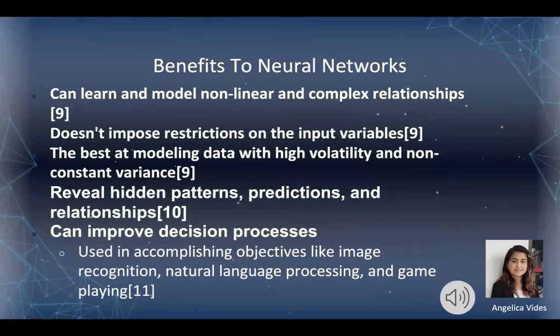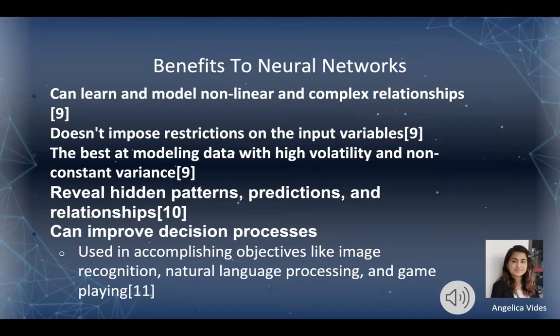It's also the best at modeling data with high volatility and non-constant variance, because it has the ability to learn hidden relationships in the data without having to impose a fixed relationship, which is helpful in financial time series forecasting, such as stock prices, because the data volatility is really high.